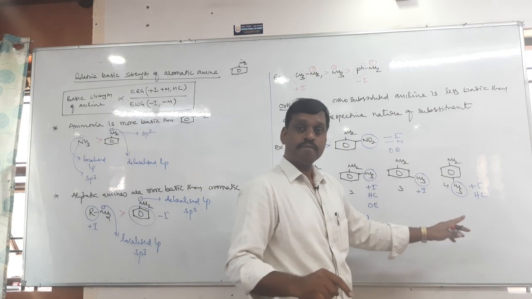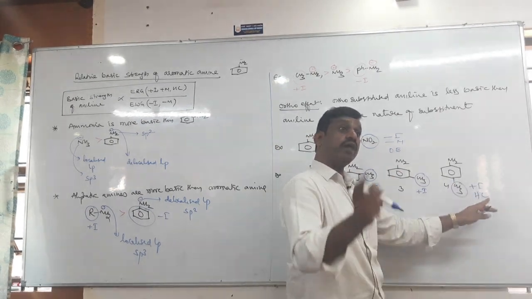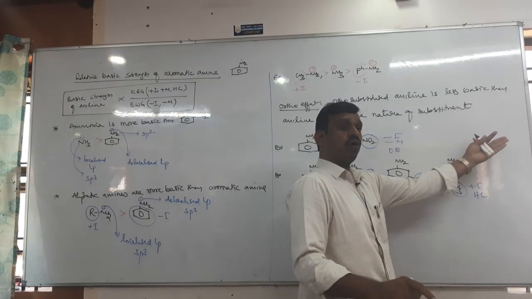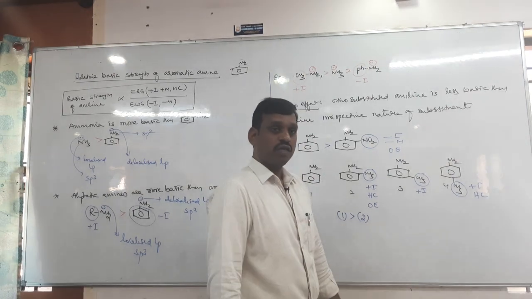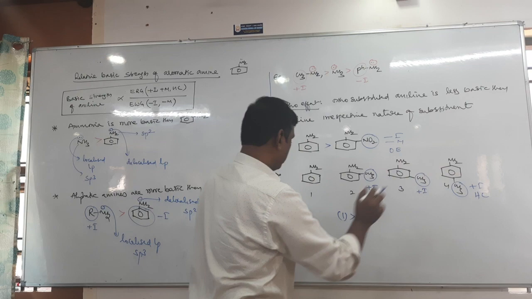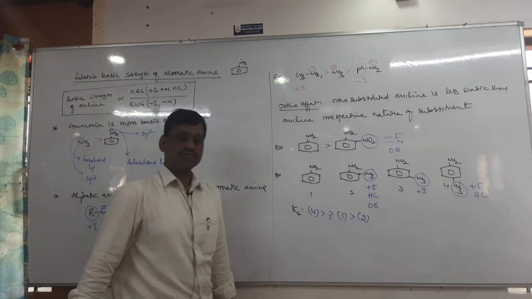But which is dominant? Hyperconjugation is dominant. So due to hyperconjugation, it releases more electrons compared to meta. Now tell me, among 3 and 4, which is more basic? So the fourth one is more basic than 3, then 1, 2. Do you understand?